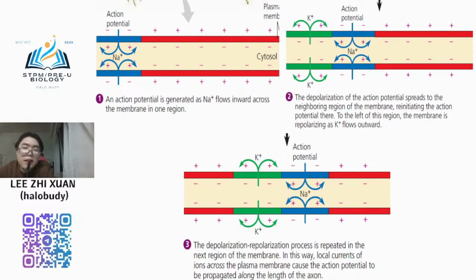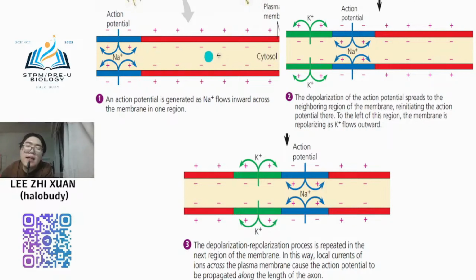As I mentioned before, the action potential, the electrical charge, the nerve impulse will not pass through directly in one go. It will pass through from one part to the next part. Meaning that when the nerve impulse reaches this region, only this region will trigger an action potential.